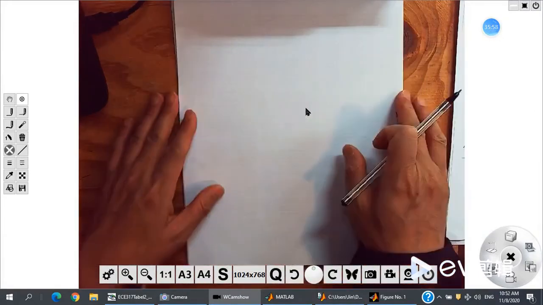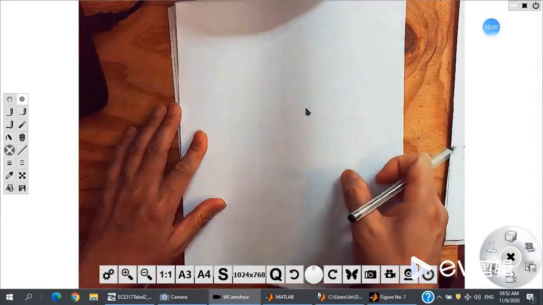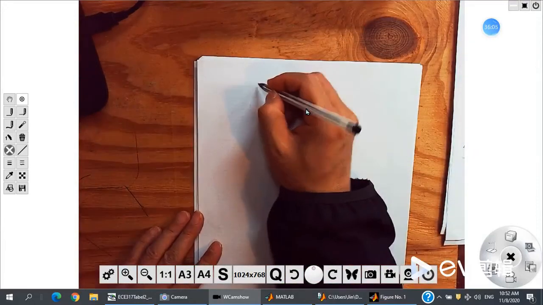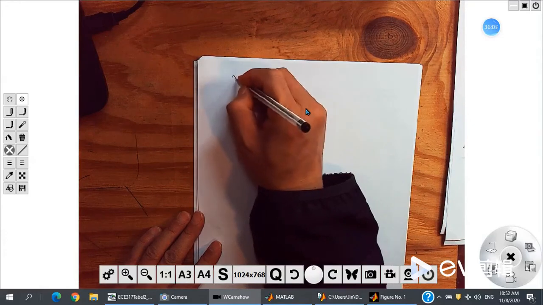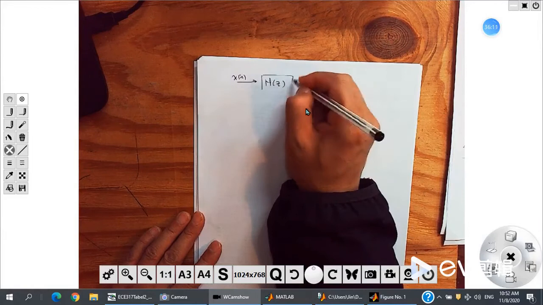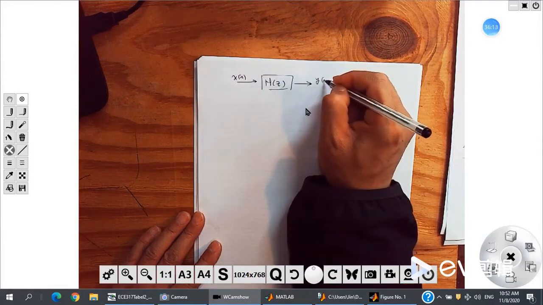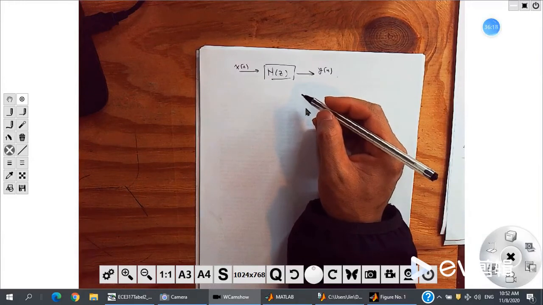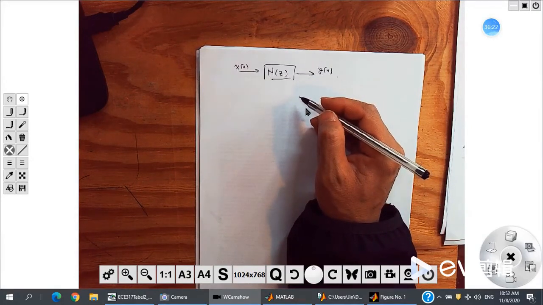Next, let's see what happens when we give an input x[n] to a system. What kind of change is caused by the phase angle?